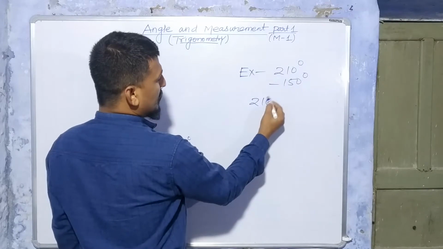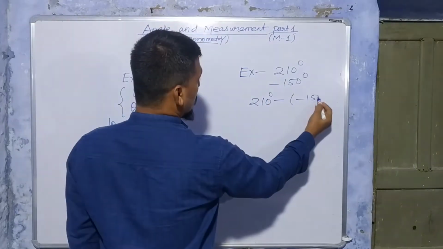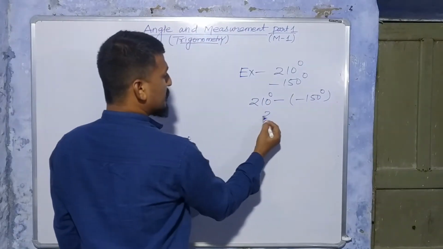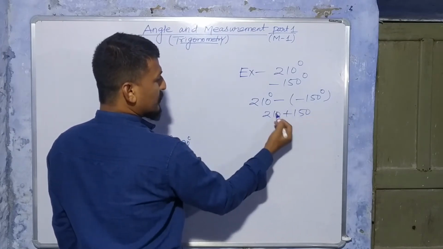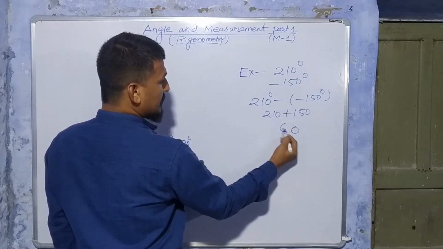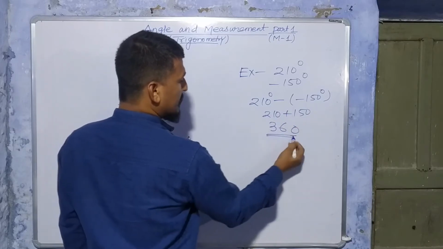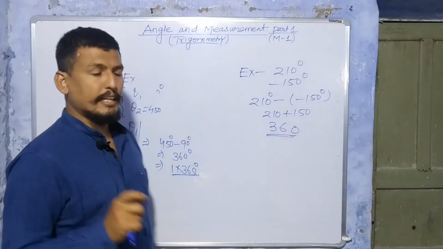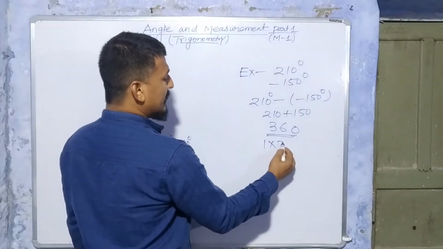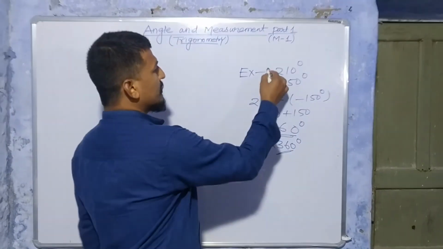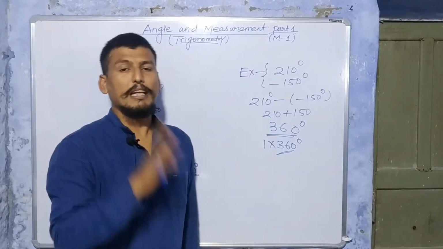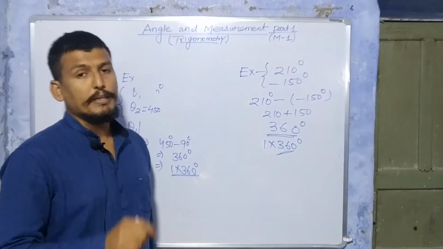So this becomes 210 degrees minus 150 degrees, which is 360 degrees. 360 degrees is an integral multiple of 360 degrees. So this pair is co-terminal angles.